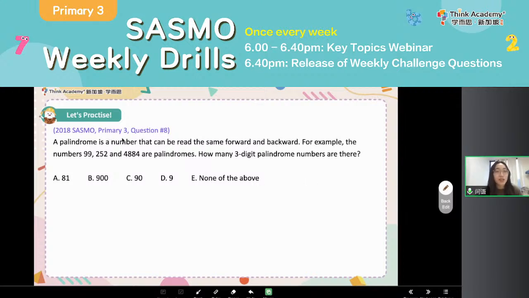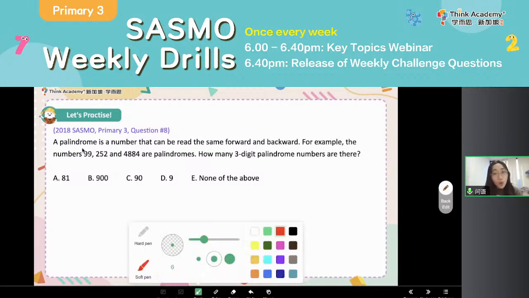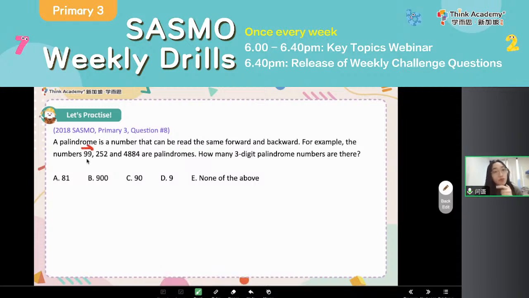Actually, you see that this is also a P3 SASMO question. A palindrome is a number that can be read the same forward and backward. For example, the number 99. No matter if you read it from left to right or from right to left, it is always 99, right?